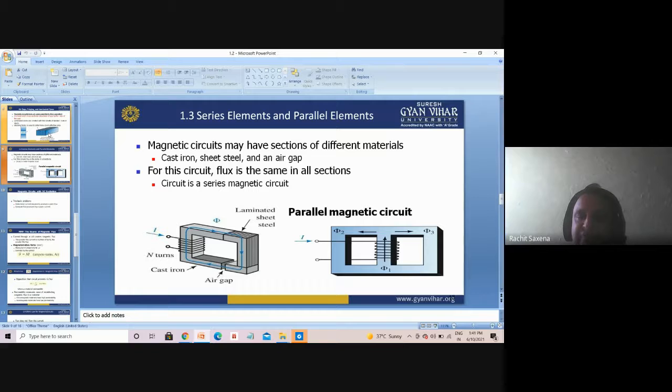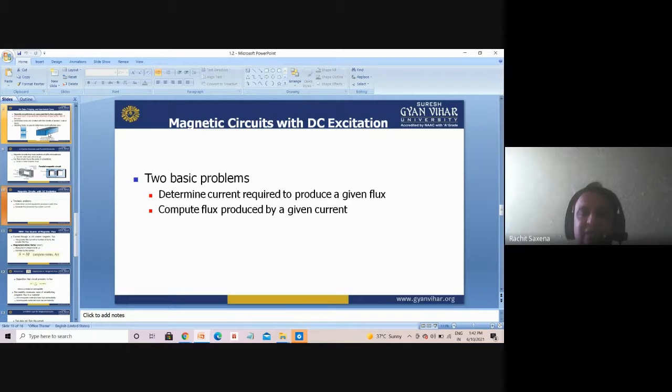After mmf, we have flux. If flux is there, then we have flux density. If we want to generate flux, we need an intensity, that is H. Reluctance also plays an important role. If reluctance is there, we can easily convert the ampere turn divided by reluctance into flux. So these are the basic things in the magnetic field.